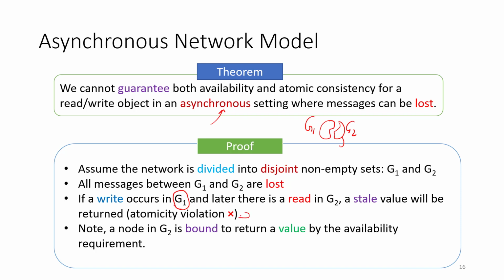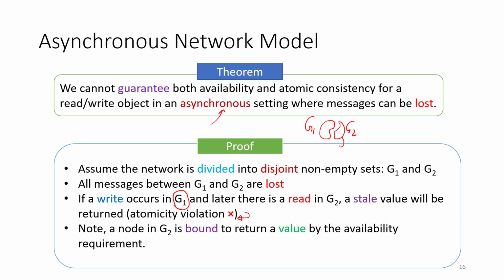So this would clearly violate atomicity because it doesn't appear that the write occurred at an instant, because the write occurred and much later you made a read from G2 and what you got was a stale value. So the issue is that in this case, you cannot guarantee both availability as well as atomic consistency.